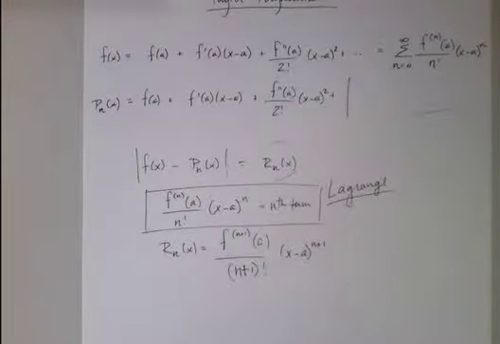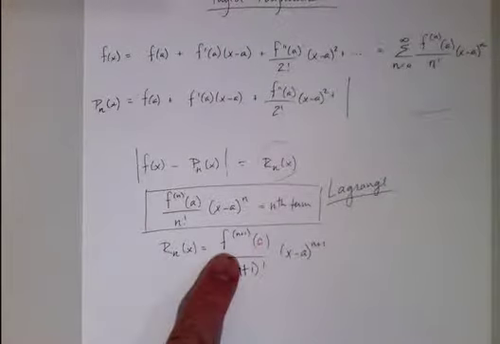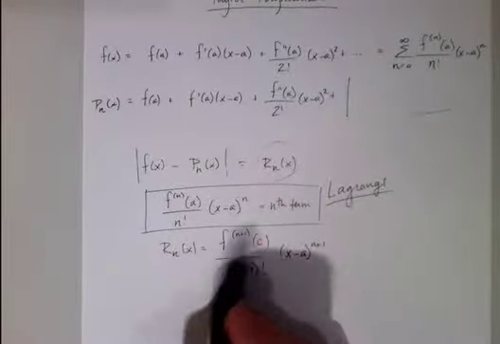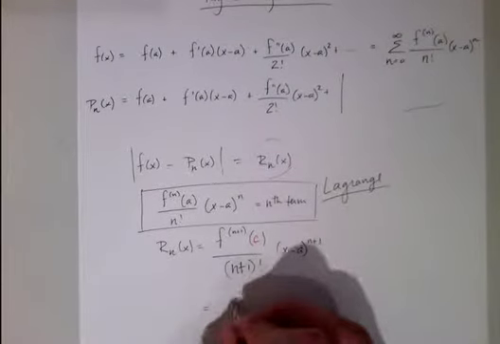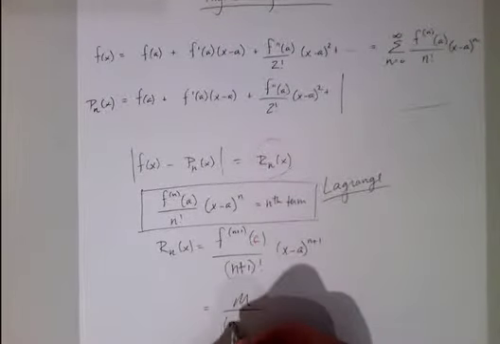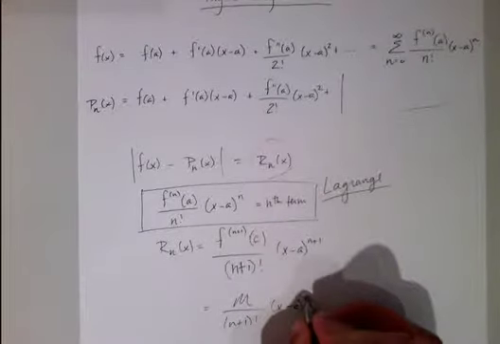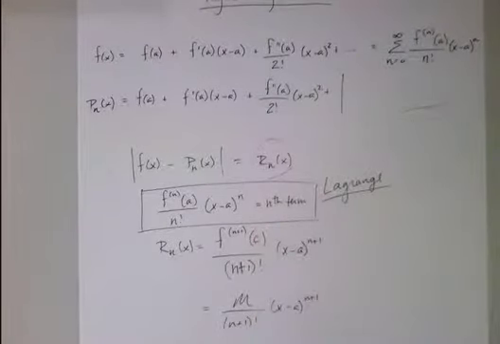And once I've maximized it, that's the value I put here in the numerator. And because it's a maximized value, some books don't even put this up here. They just call it m, the maximized value of that n plus 1th derivative.